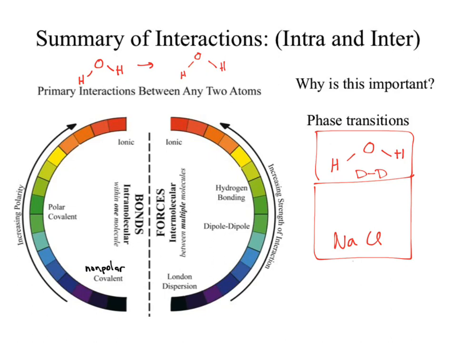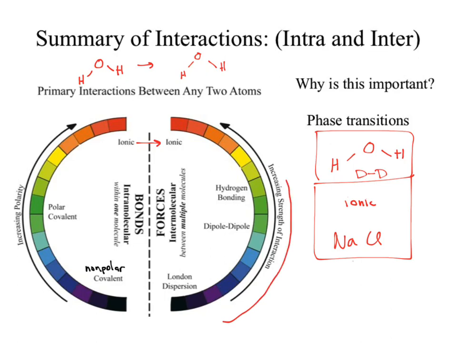Sodium chloride. What kind of bond do I have in sodium chloride? Ionic, because metal and nonmetal. What kind of force would I get from an ionic bond? An ionic force. Which force is stronger, ionic or dipole-dipole?